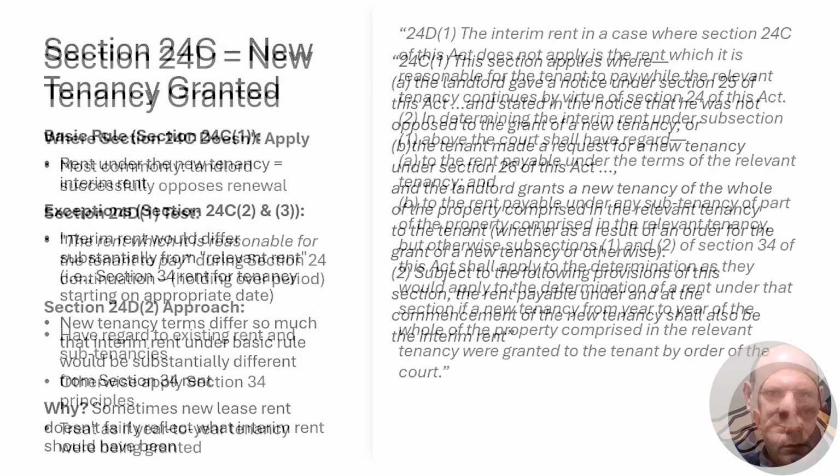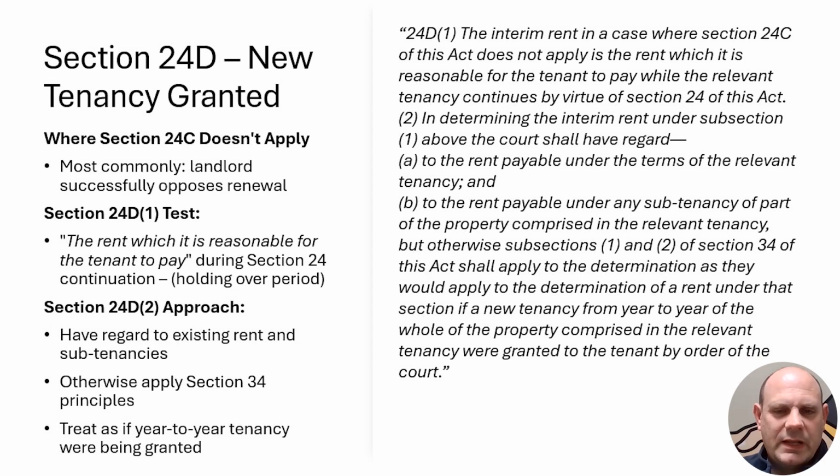Section 24D applies where Section 24C doesn't apply, and is most commonly used where the landlord successfully opposes a renewal and no new tenancy is granted. Section 24D subsection 1 provides that the interim rent is the rent which it is reasonable for the tenant to pay whilst the tenancy continues under Section 24.